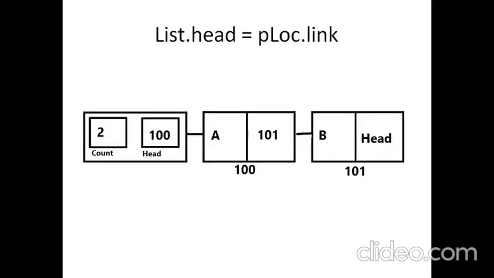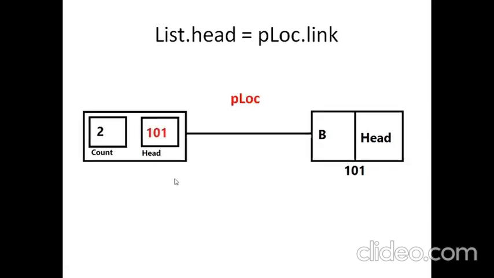Let me show you the demo for that. List.head equal to ploc dot link. What will happen now? Let us say I want to delete this particular first node, which is address 100. What should happen? List.head equal to ploc.link. This is list.head. This is ploc.link. So this 101 will be copied into this head.